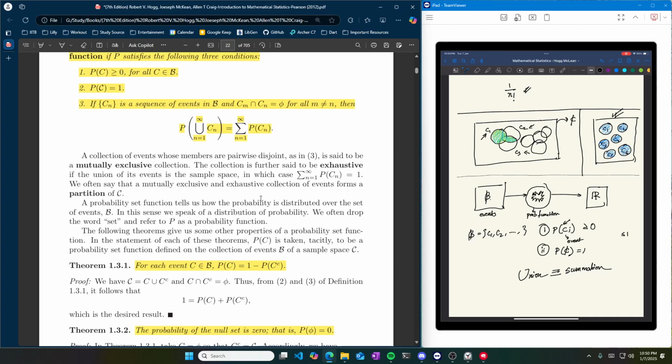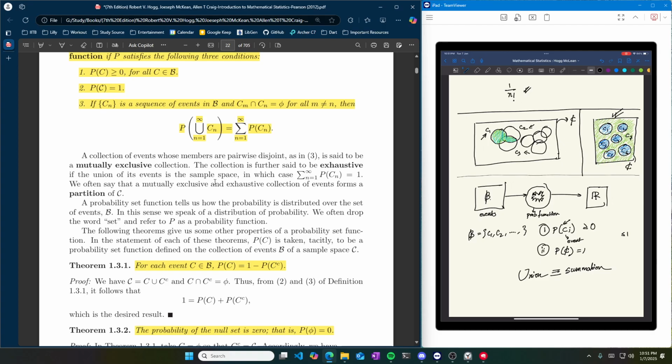Let's say that everything which is outside C1, C2, C3, C4, C5, C6, and by that I mean this space, the green portion only, let's call it C7, and the whole set is C.